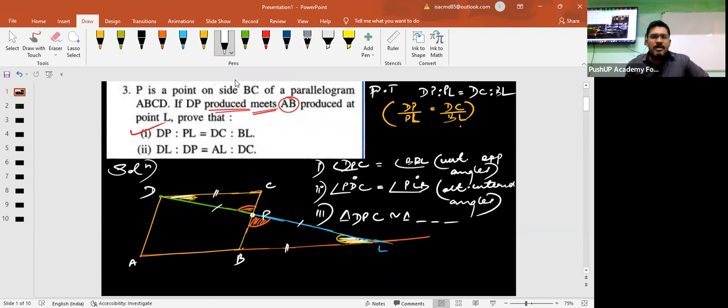Angle PLB. So D is corresponding to L. So the first letter would be L. Second letter, in angle DPC and angle LPB, the angle which is equal is P. Don't you feel so? P corresponds to P. So here I will write P, then D, right? DPC and LPB.